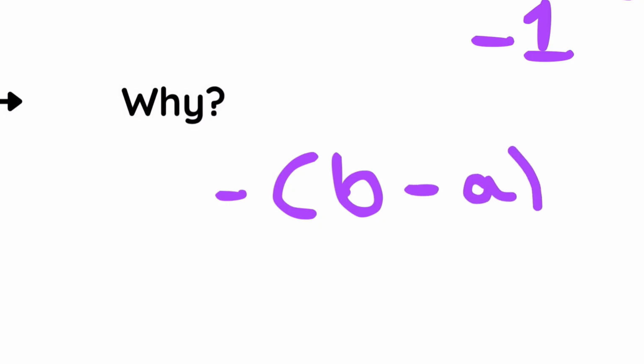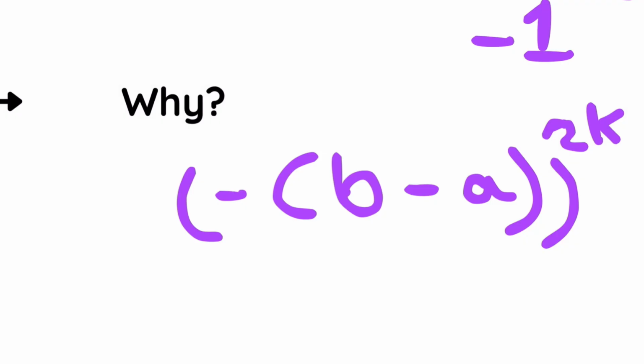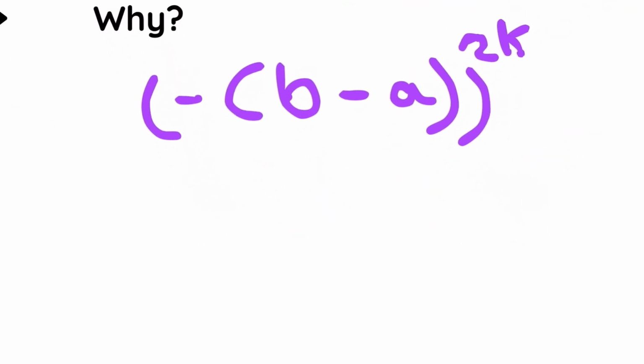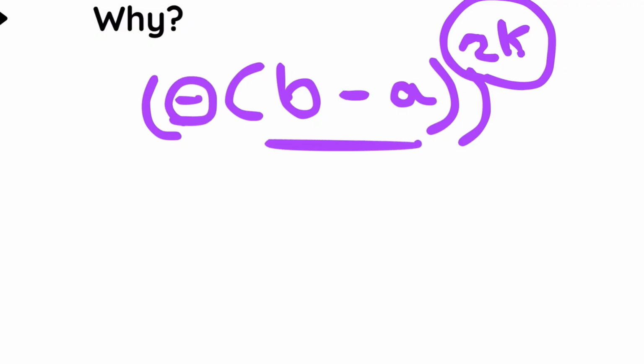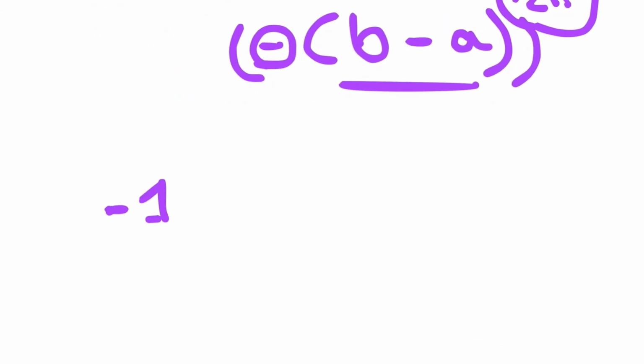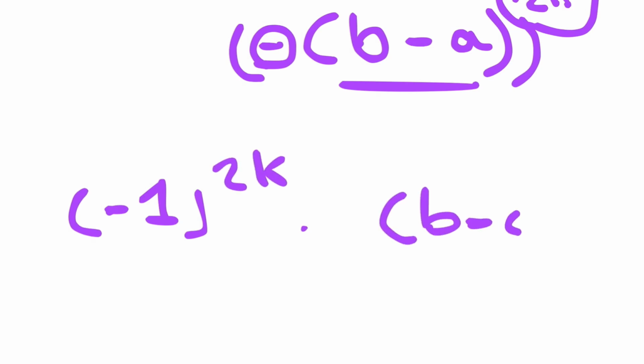So right now I have this expression: minus, parenthesis open, b minus a, parenthesis closed, all to the power of 2k. Right now, let's distribute this power into each parenthesis, one this and one this. So (minus 1) to the power of 2k times (b minus a) to the power of 2k.